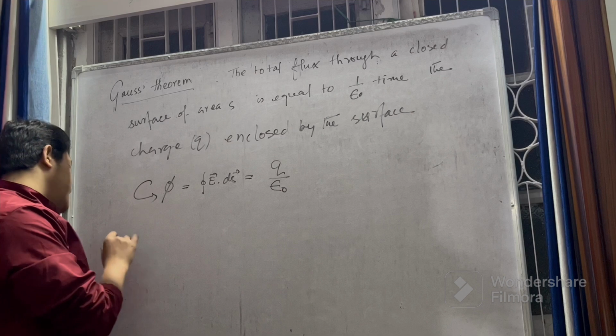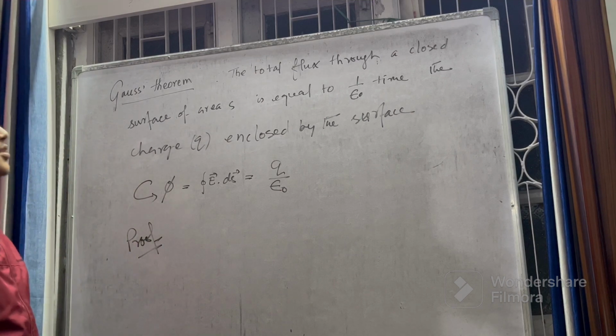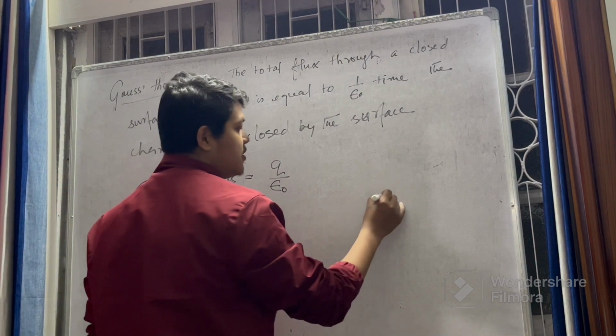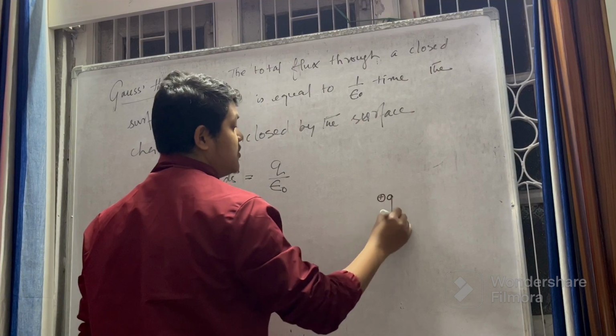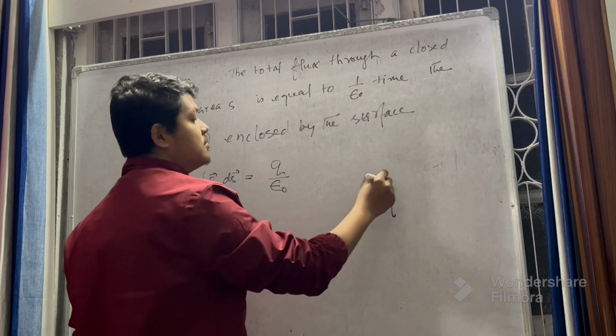Now let us prove this Gauss theorem. How to prove this theorem? So in order to prove this theorem, suppose I have a charge here, positive Q charge, right, which is at point O, right?